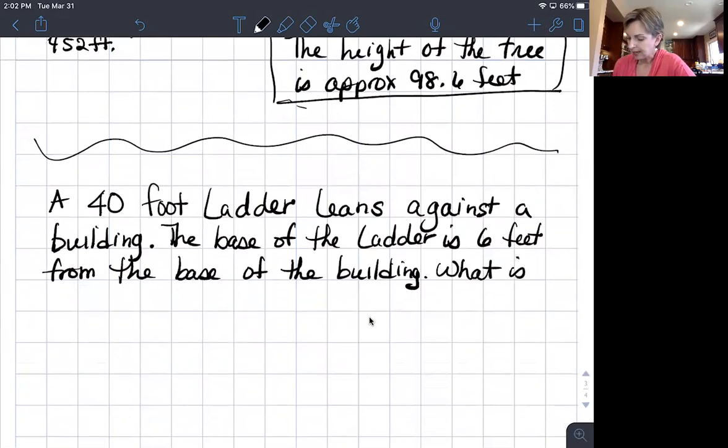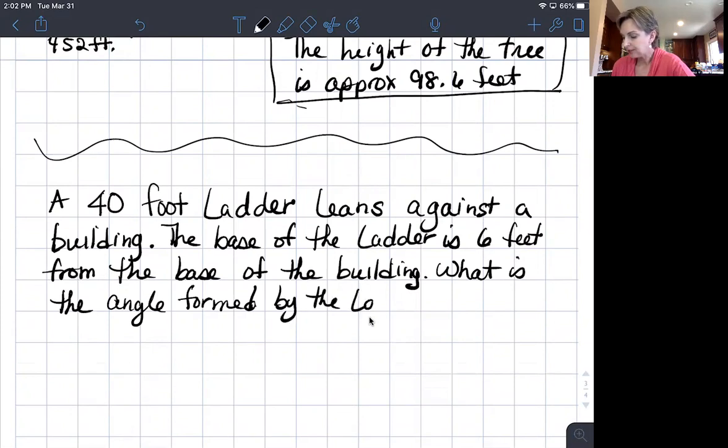What is the angle formed by the ladder and the building?